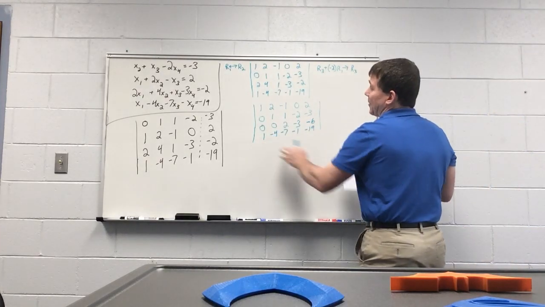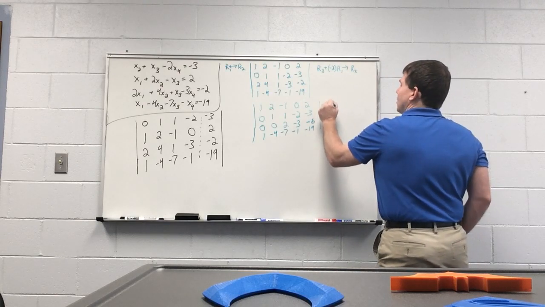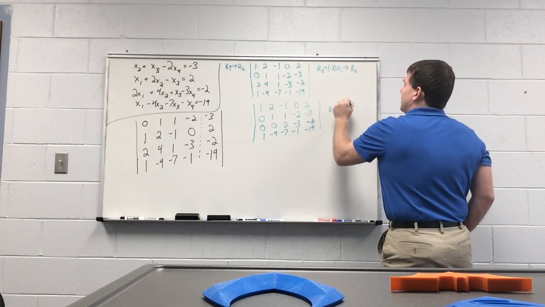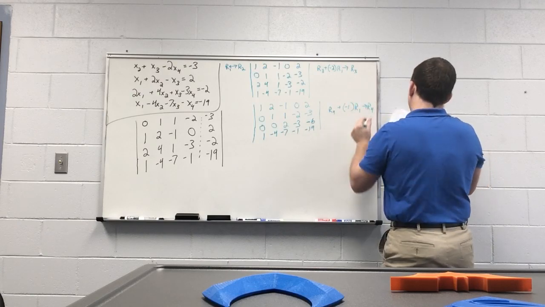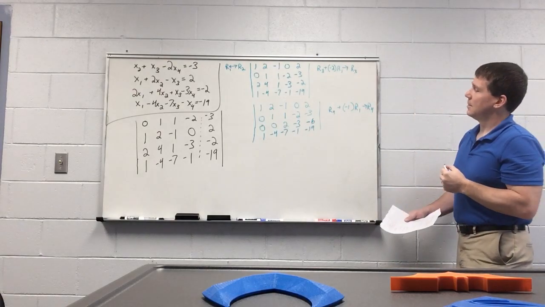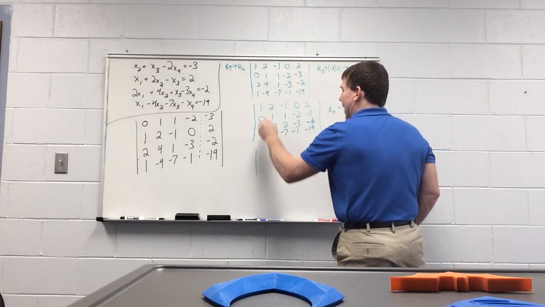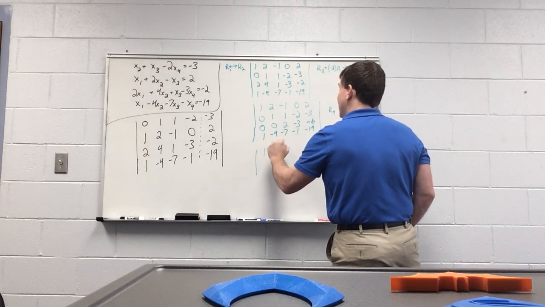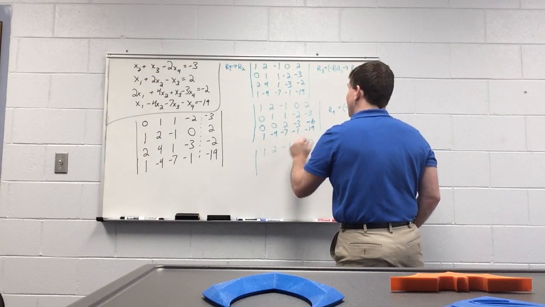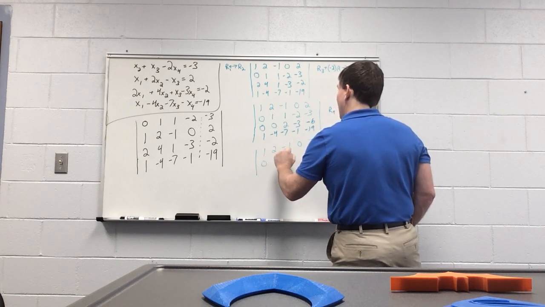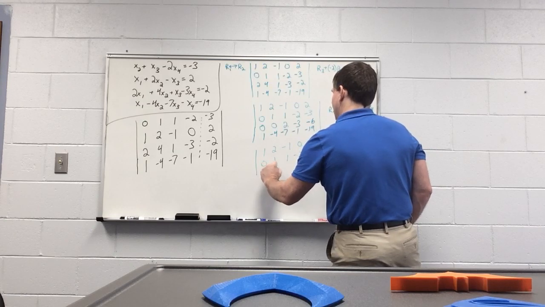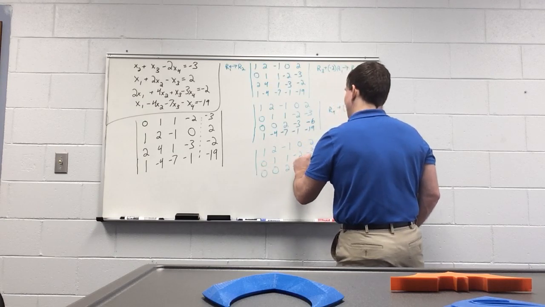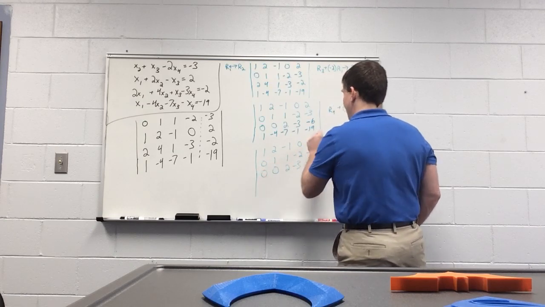Now, I need to get rid of this. So I'm going to do R4 plus negative 1 times R1 into R4. And I get, now the first three stay the same. 1, 2, negative 1, 0, 2. 0, 1, 1, negative 2, negative 3. 0, 0, 2, negative 3, negative 6.